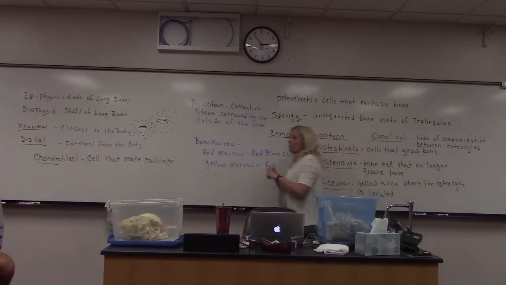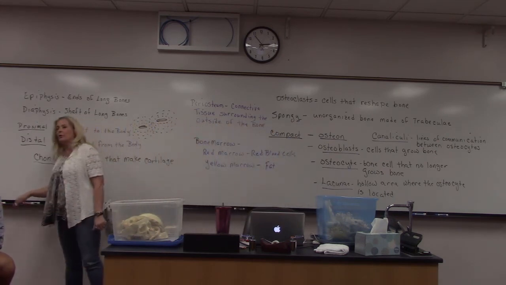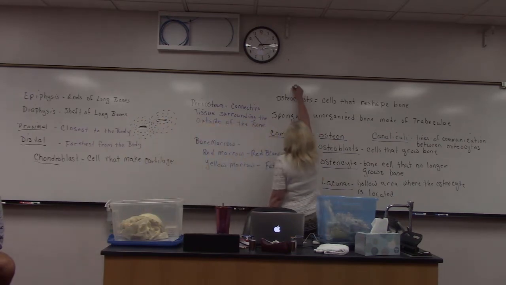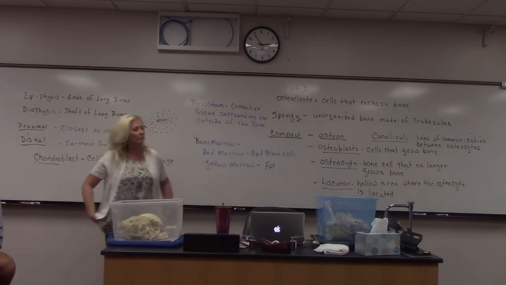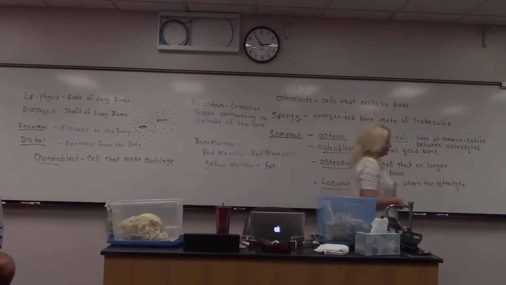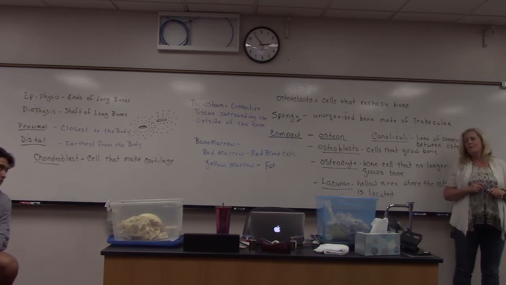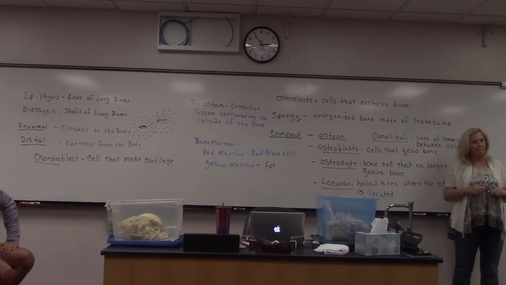Now, osteoclasts are very sensitive to a certain type of vitamin. This is vitamin D. Told you. Why do we need vitamin D? What's vitamin D good for? At least one thing it's good for when it comes to bone.